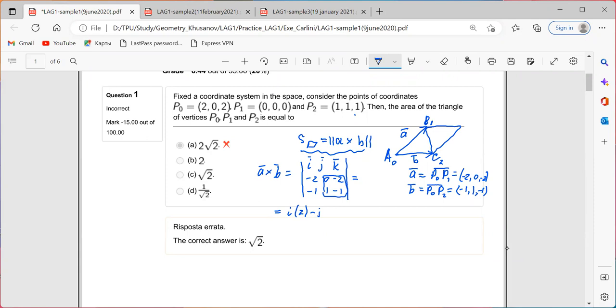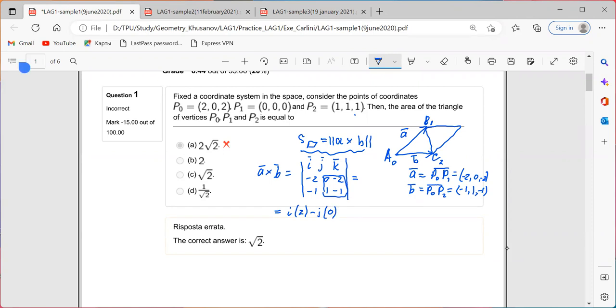So j, what will be the cofactor of j? We have to just ignore the second column and first row, and we will obtain minus 2, minus 2, minus 1, and minus 1, which will be 0, because you see these two rows, minus 2, minus 2 and minus 1, minus 1, are proportional. That's why the determinant will be equal to 0.